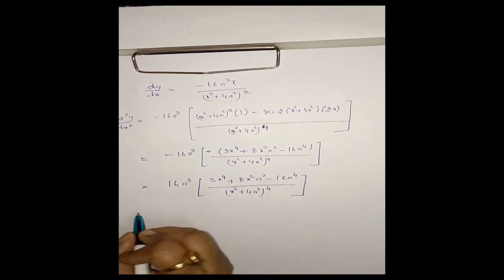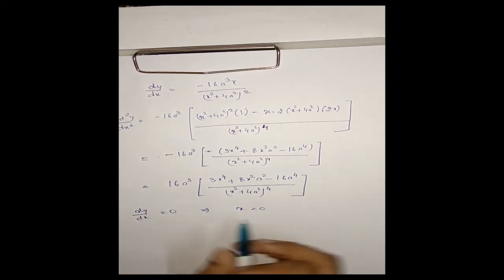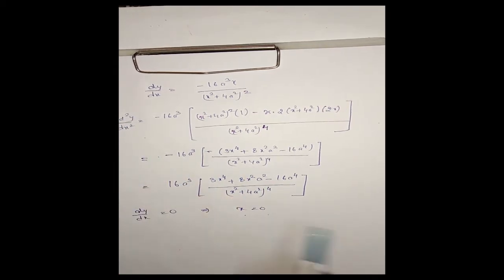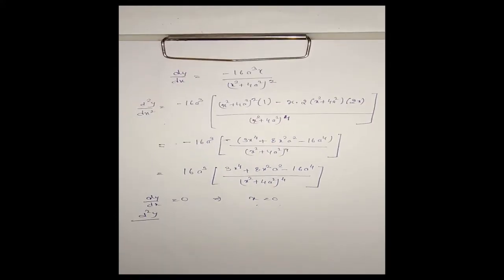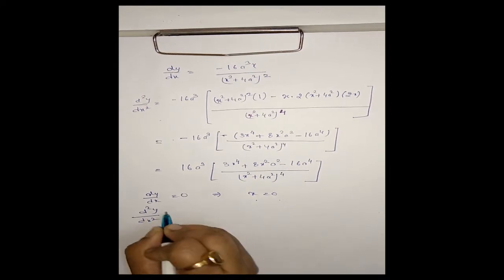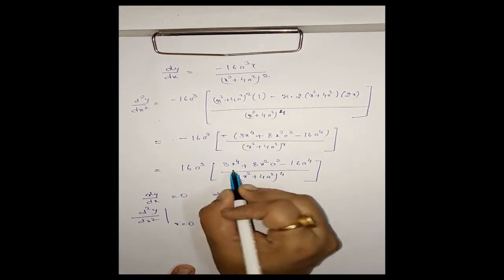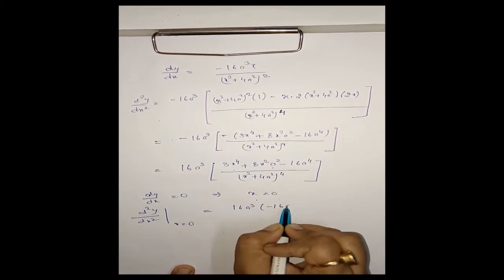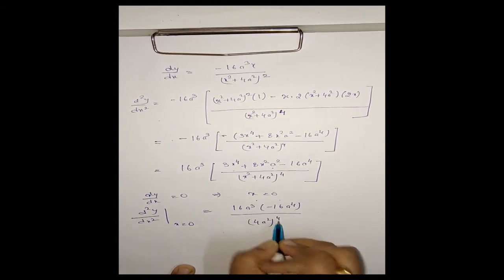Now, dy/dx equal to 0 gives x is equal to 0. We have to check the sign of d2y/dx square at the point x is equal to 0. Now, d2y/dx square when x is 0 is equal to 16a cube into minus 16a4 by (4a square) power 4.